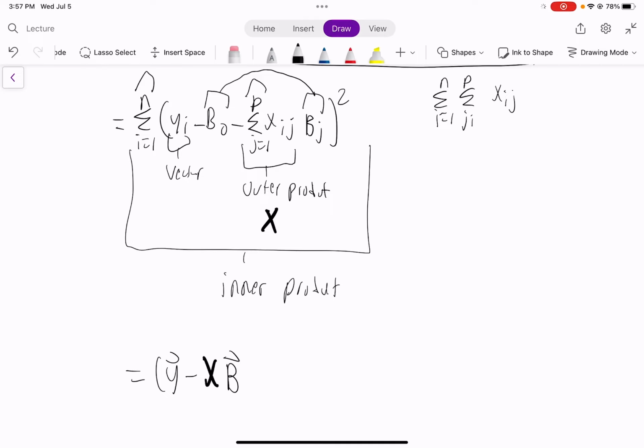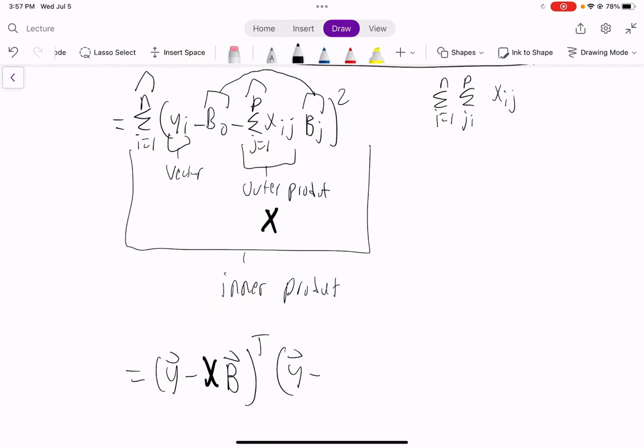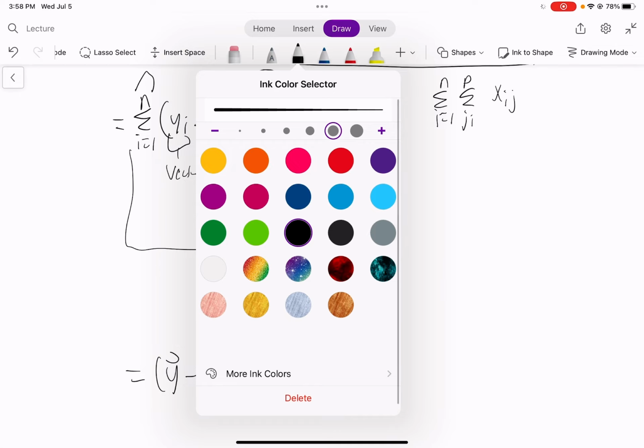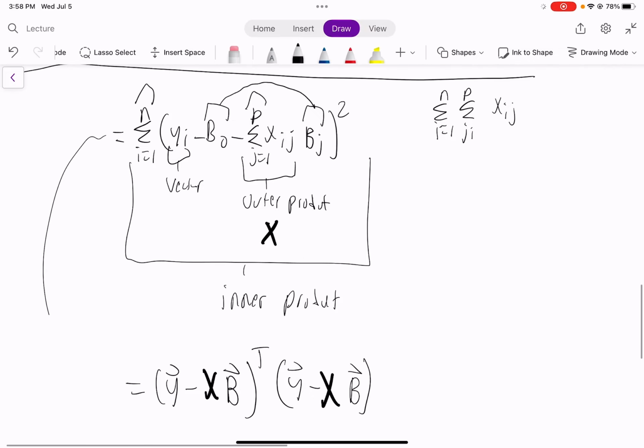Transpose of the y vector minus X beta. That's the matrix and vector notation for it.